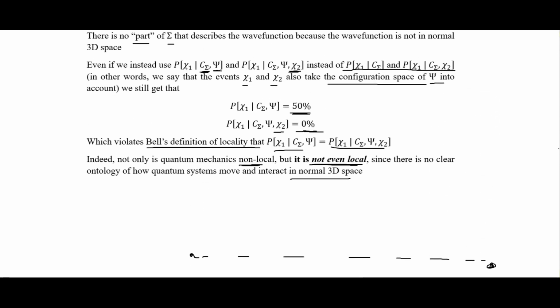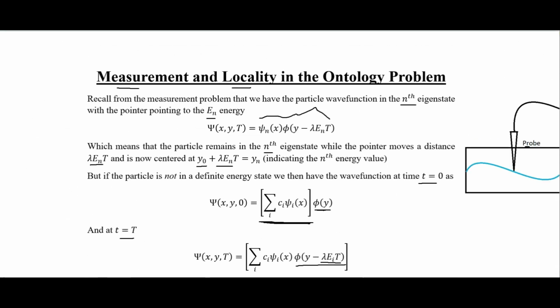But anyway, those were the ways that the ontology problem ties in with the measurement and locality problem. In the next video, I'm going to discuss essentially two ways that people have tried to sort out this ontology problem in quantum mechanics.